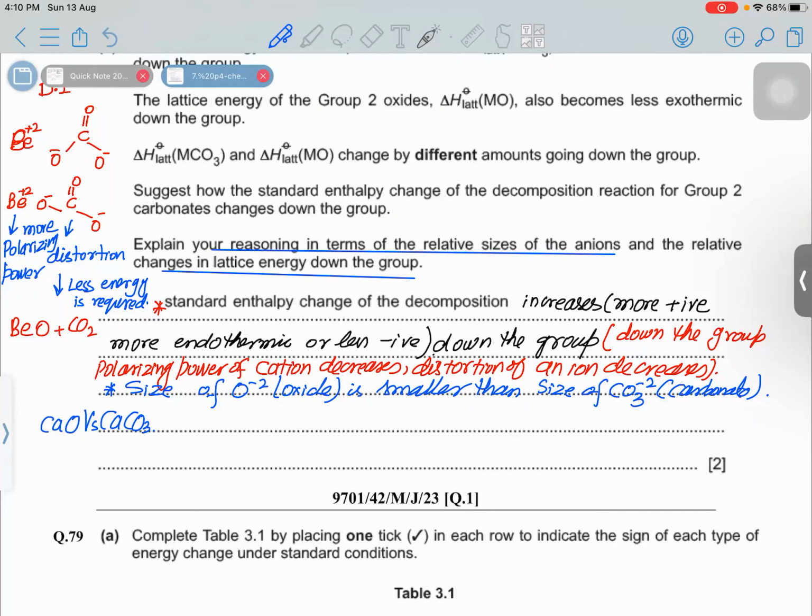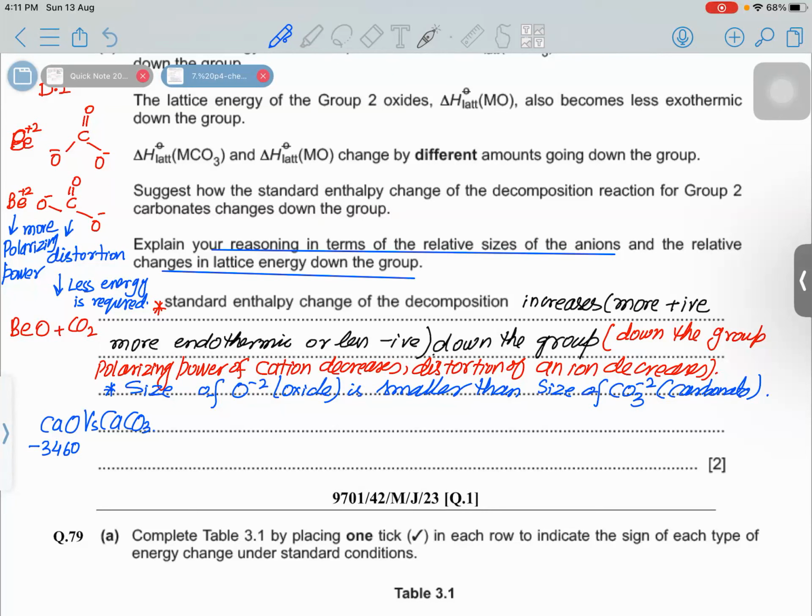So calcium oxide. Can you tell me the value from Google?